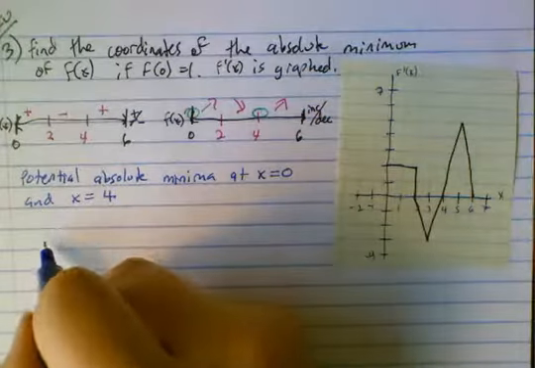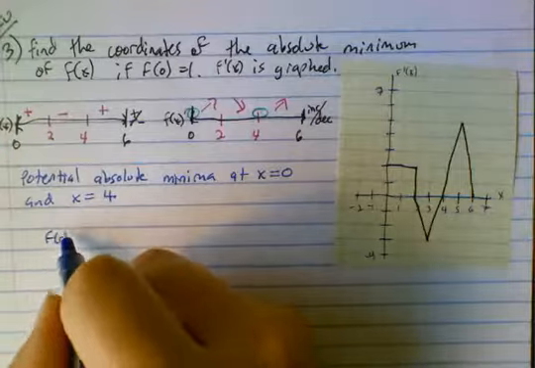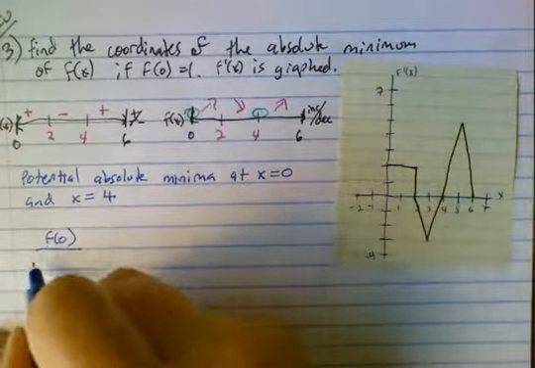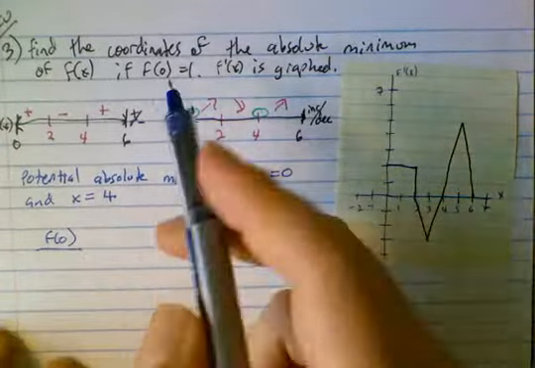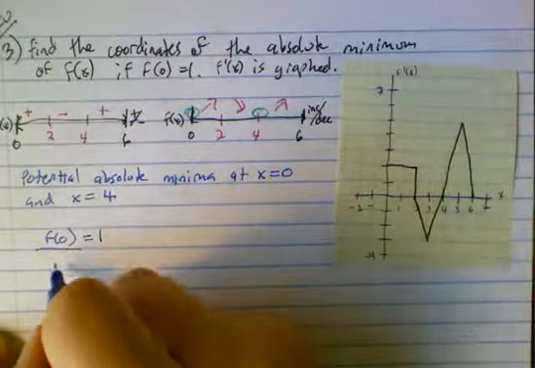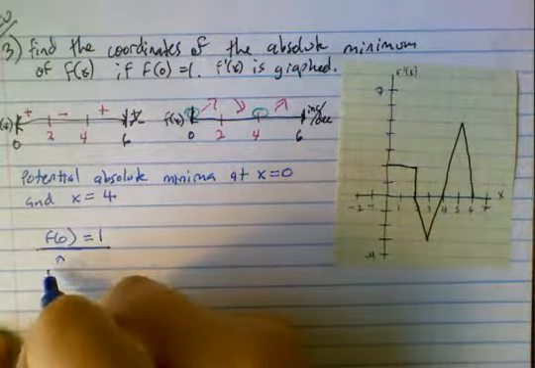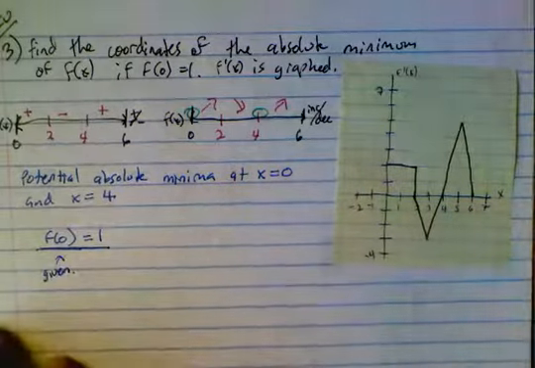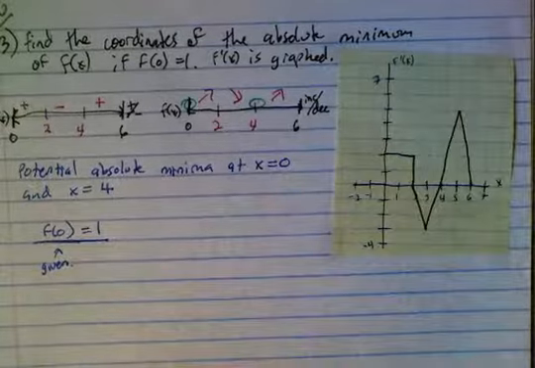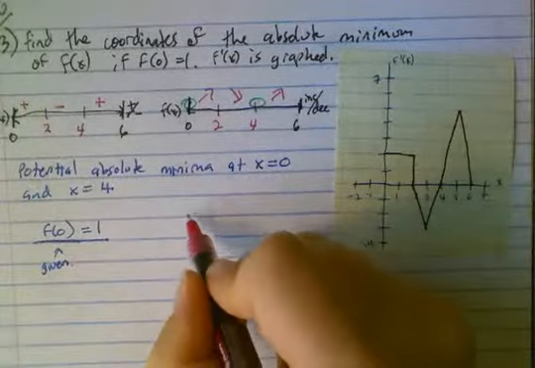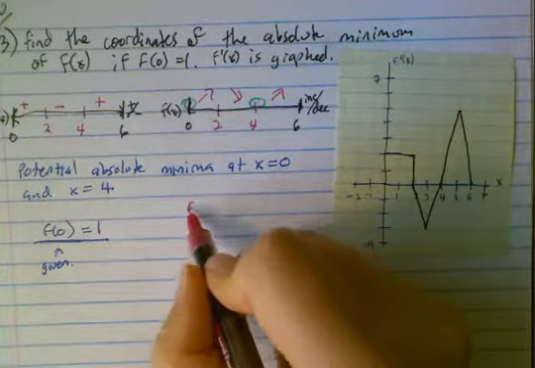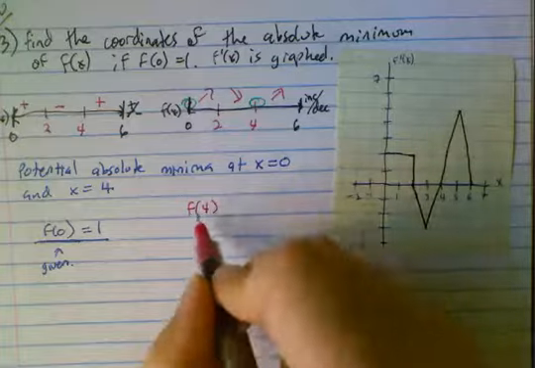So let's start off with finding f of 0. Well, actually, f of 0 equals 1. That was pretty simple, given in the problem. Let's then go ahead and find f of 4.